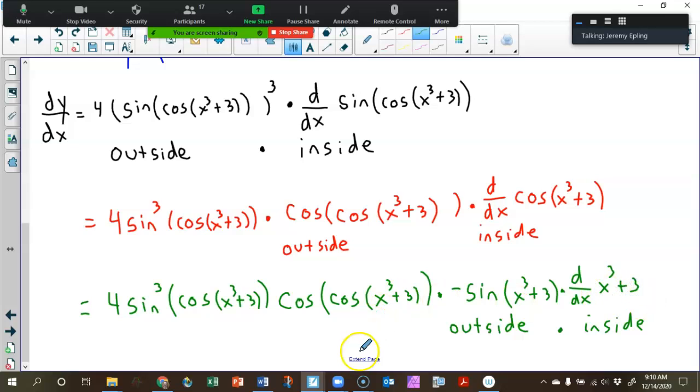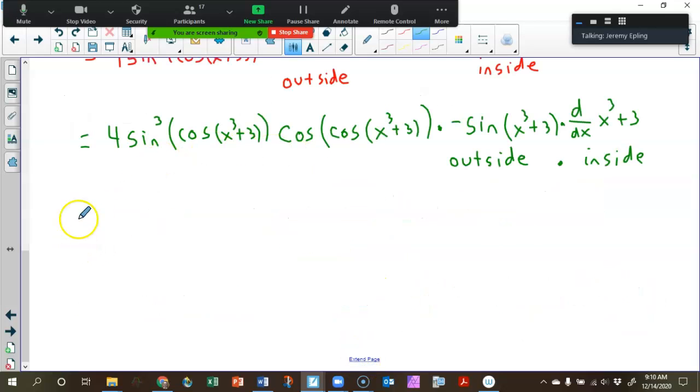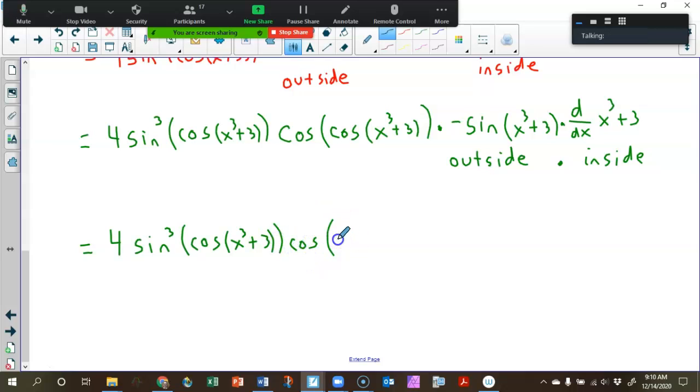Now, that piece, we don't have function composition, so we're almost done. 4 sine cubed of the cosine of x cubed plus 3 times the cosine of the cosine of x cubed plus 3. And I'm going to put our negative out here.